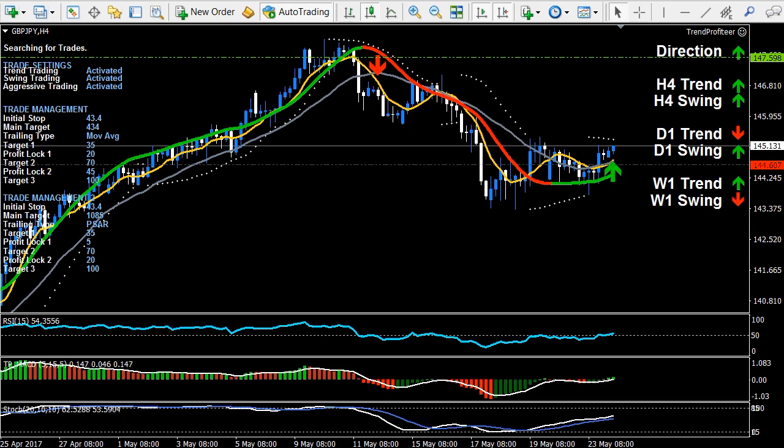So that's all there is to it. Lot sizes, the bigger they are, the more you can potentially generate, but the more you're potentially risking. The lower the lot sizes are, of course, your potential returns will be lower, but your risk is much lower as well.